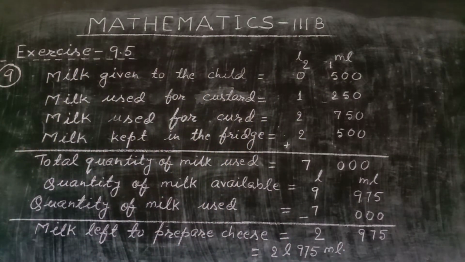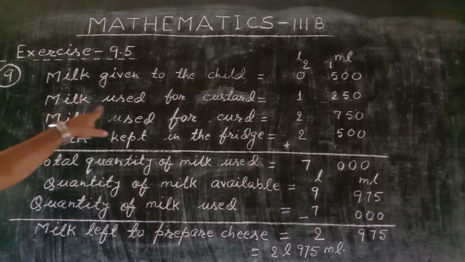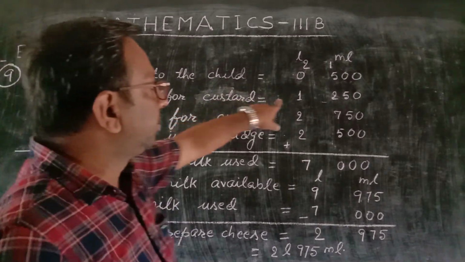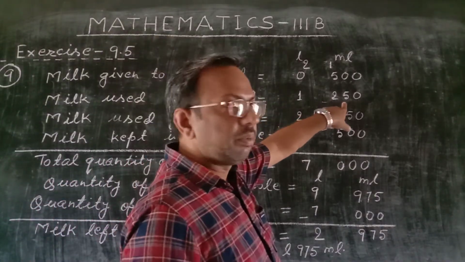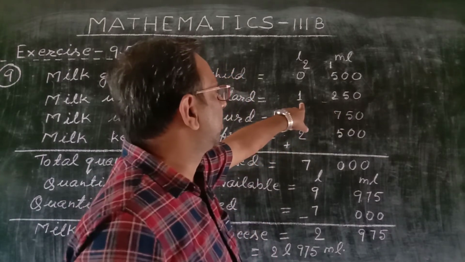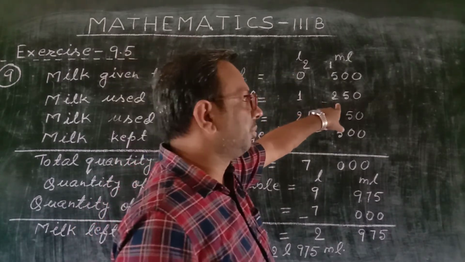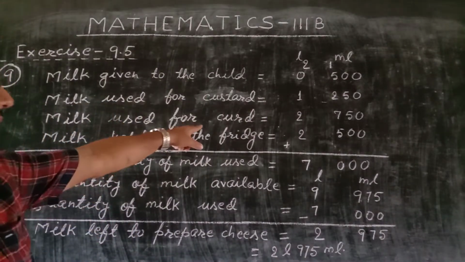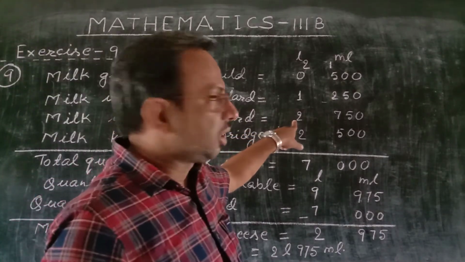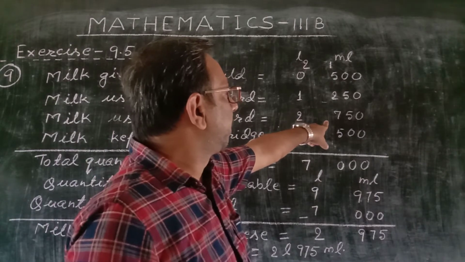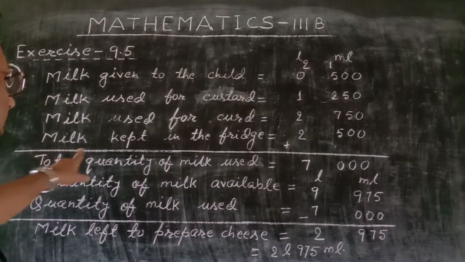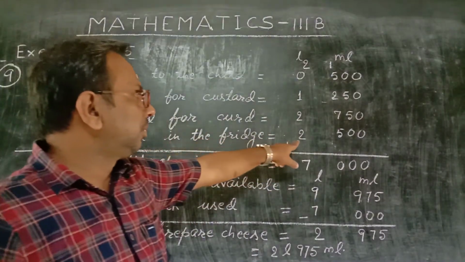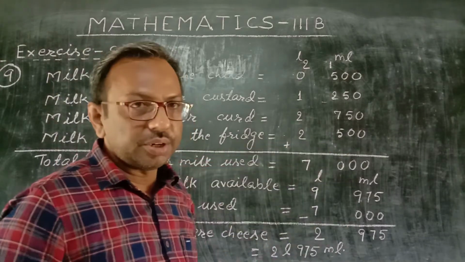Second statement: milk used for custard equal to 1 liter 250 milliliter. I kept this 1 in the column of liter and this 250 in the column of milliliter. Milk used for curd 2 liter 750 milliliter and milk kept in the fridge equal to 2 liter 500 milliliter.